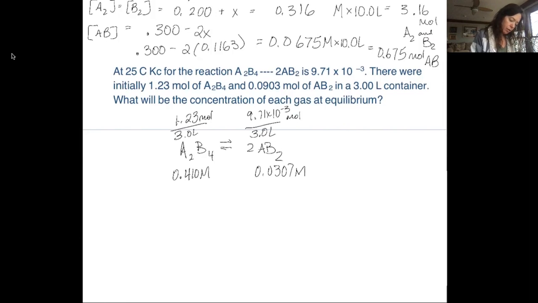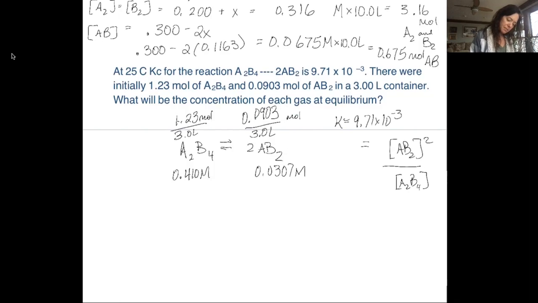Now, this is my K value here, and this is my moles here. So K equals 9.71 times 10 to the negative third, and we know that is equal to AB2 squared over A2B4.